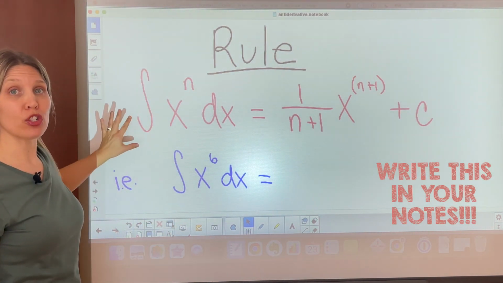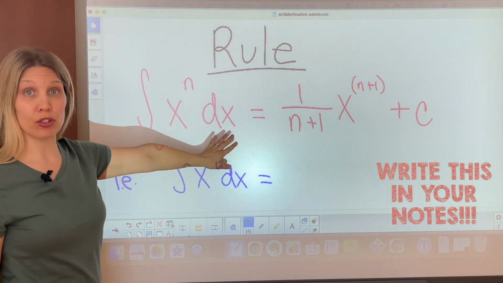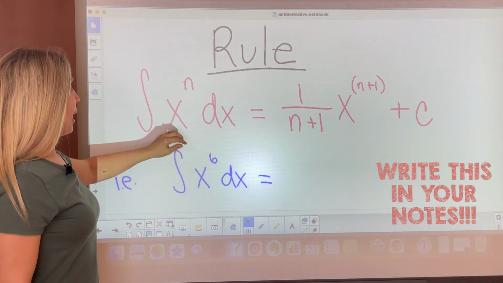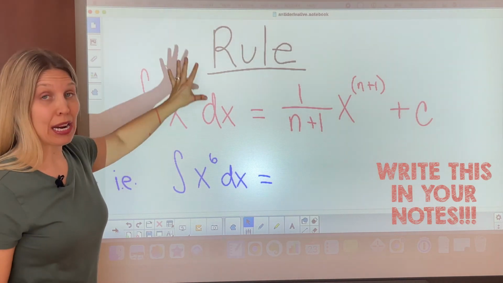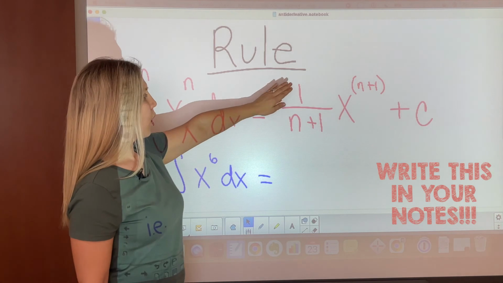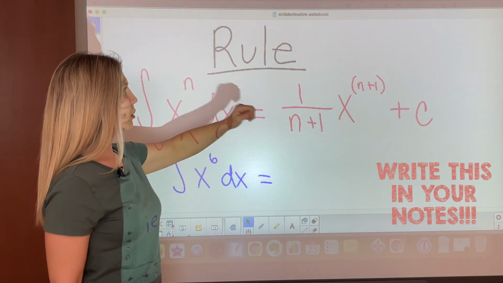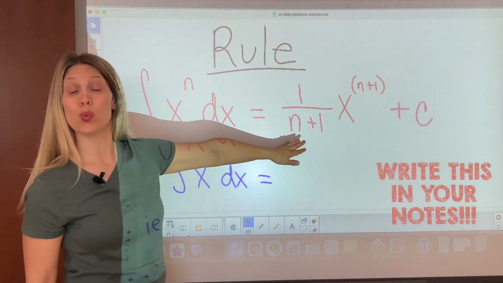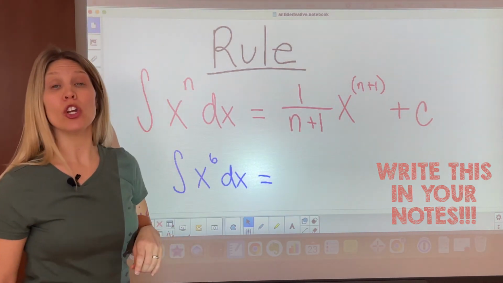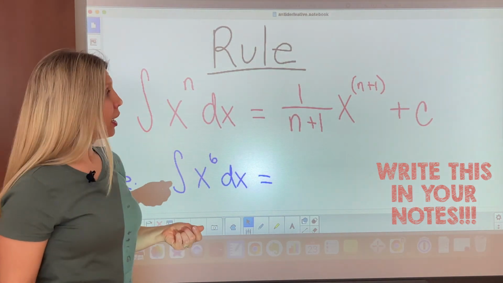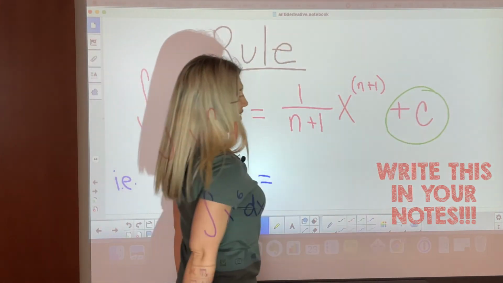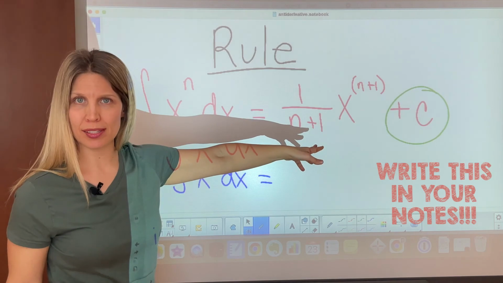This is how a problem is going to be written. It's going to have that summation symbol, your f of x and your dx. Remember, height, width of your rectangle. To integrate this and get your original function, you're going to take 1 over your exponent plus 1, and then notice in your exponent, you're also adding 1. And then you're going to say, what's this? What's that plus c?